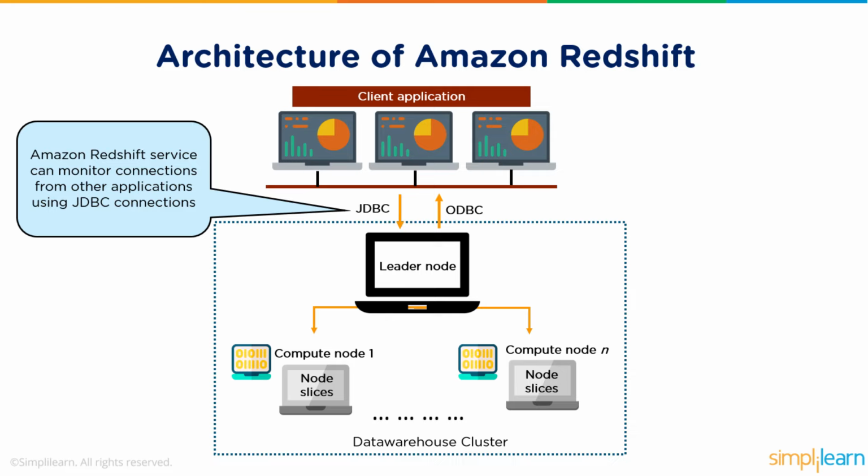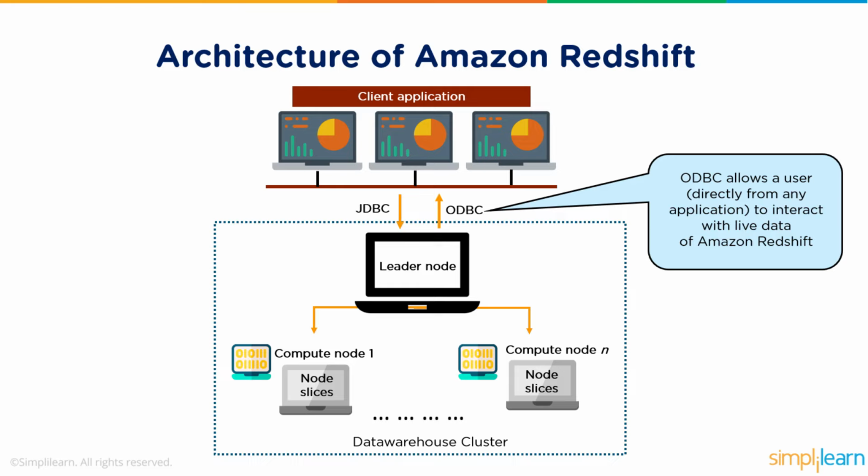So the leader node can keep a check on the client applications using the JDBC connections. Whereas ODBC allows the leader node to have a direct, live interaction with Amazon Redshift. So ODBC allows a user to interact with live data of Amazon Redshift. It has direct connectivity and direct access for the applications, and the leader node can get the information from the compute nodes.